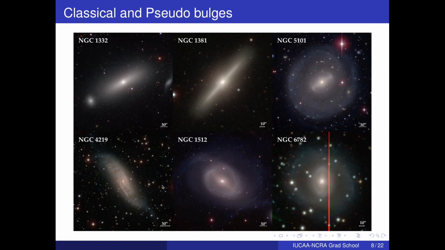But there is another class of bulges which are called pseudobulges. This is a nice example of that. That photometric component is not cleanly separated. It just seems to be brighter near the center. There is no obvious second component of the bulge. Similarly over here and over here, although it's only in this galaxy that it becomes very obvious.